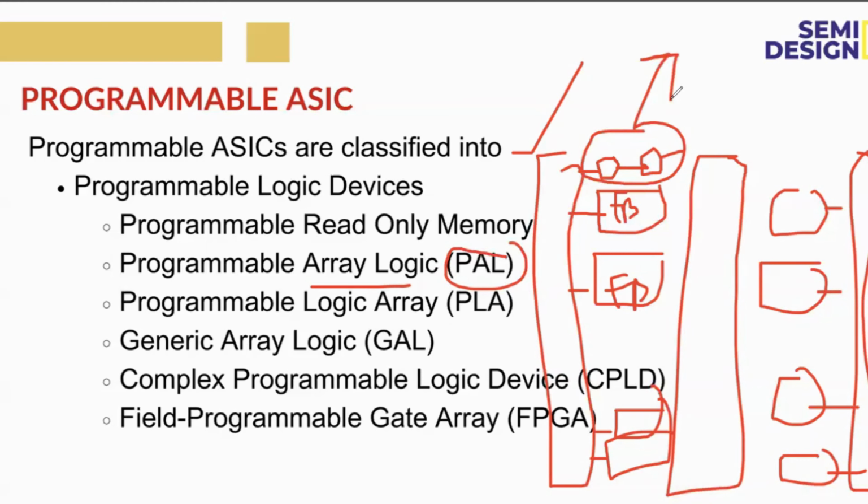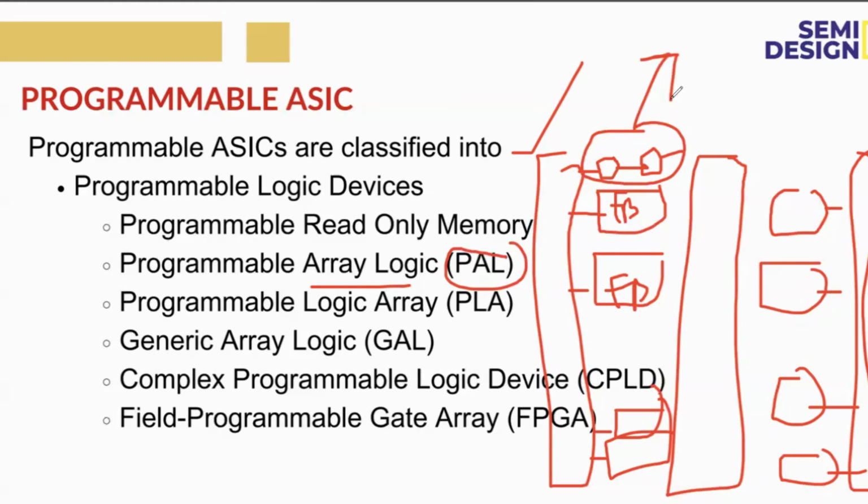So what is meant by FPGA? What is the structure of FPGA? This is the CPLD we saw before. But in FPGA, there will be complex logic blocks and switches mostly.